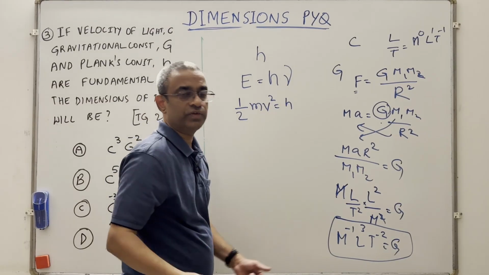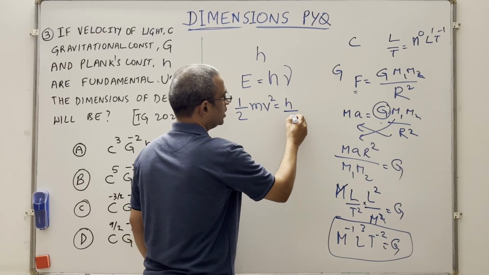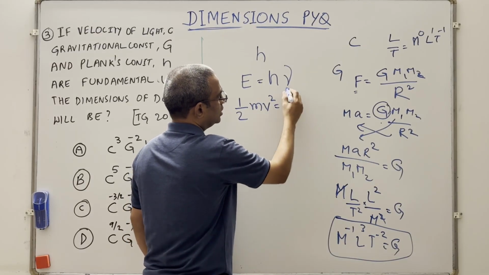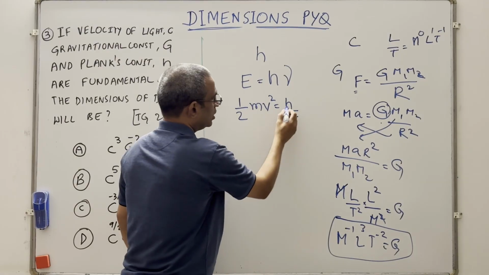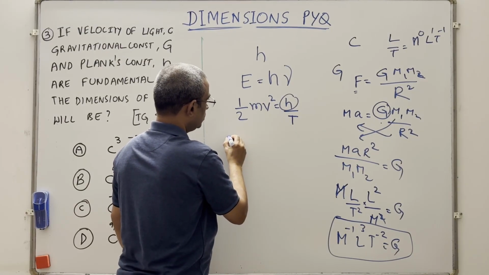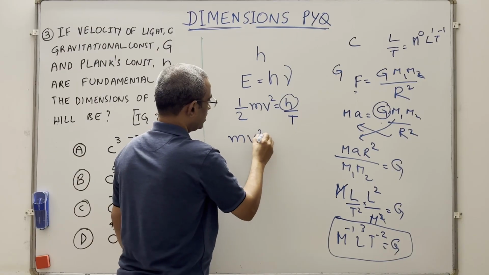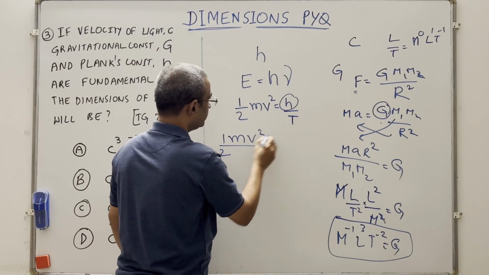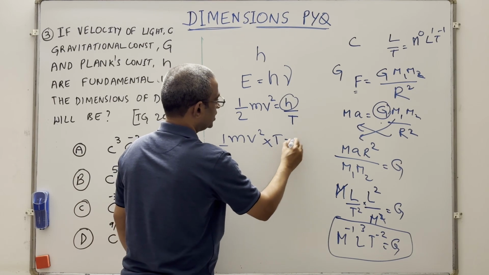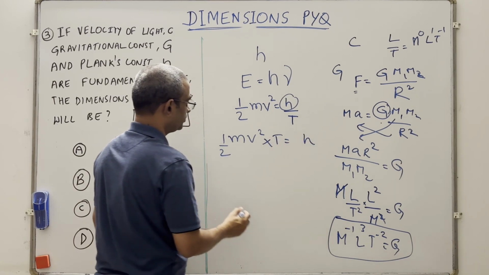Nu is the frequency. Frequency is 1 by time. Frequency is 1 by t. Alright. So now let us keep h here and move everything to that side. So half mv square into time is Planck's constant h.